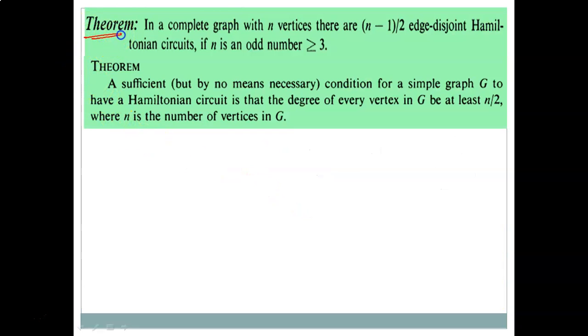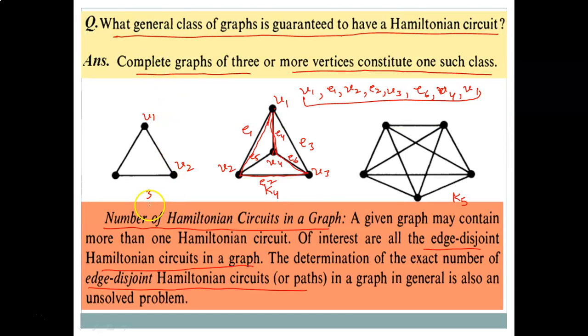Now we have two important results regarding the Hamiltonian circuits. In a complete graph with n vertices, there are (n-1)/2 edge disjoint Hamiltonian circuits if n is an odd number greater than or equal to 3. So a result is here, but that is not the complete solution of this problem.